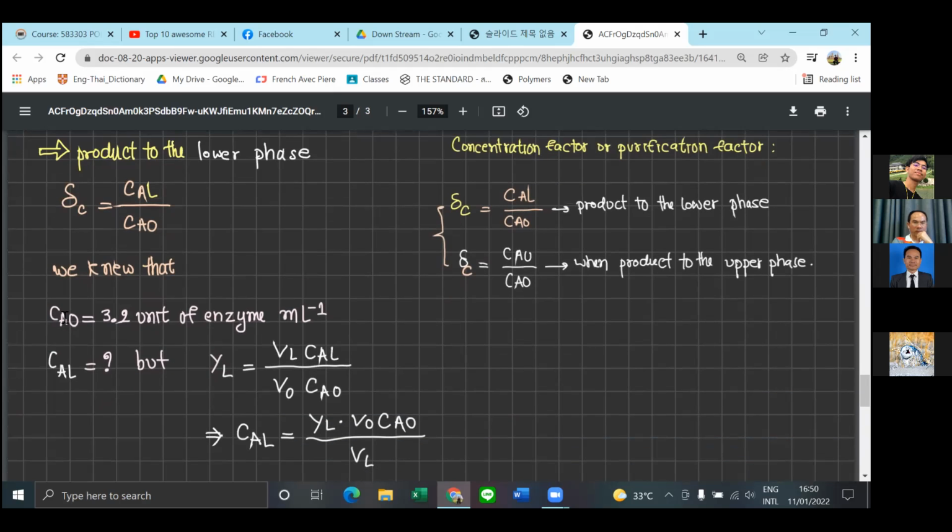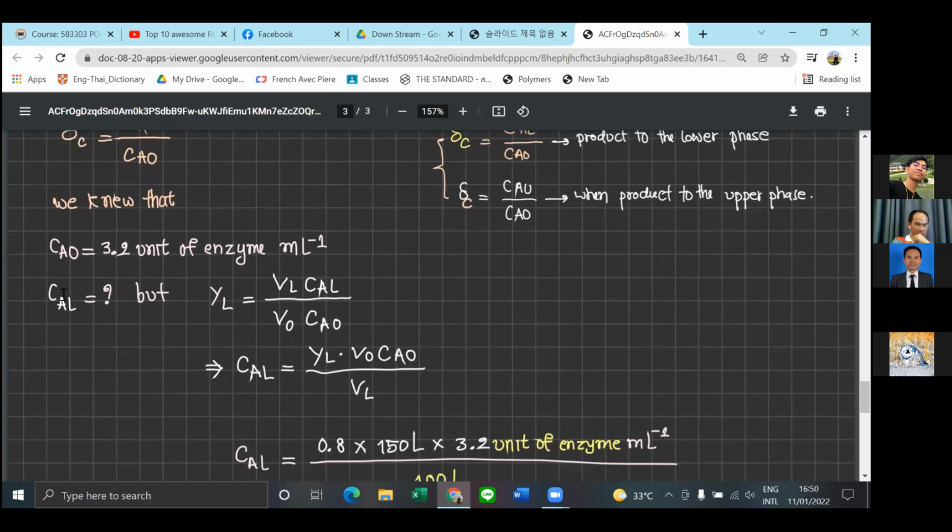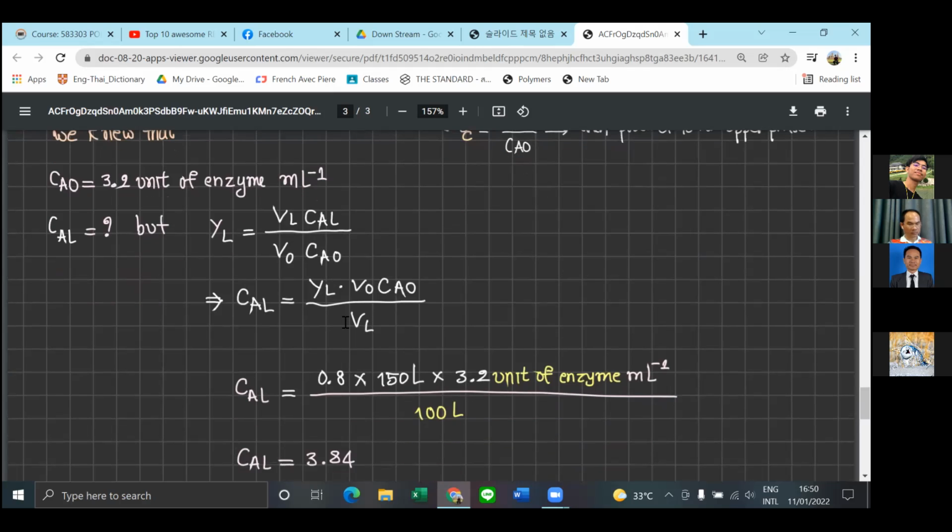We already know that at the initial condition C A0 equals 3.2 units of enzyme per milliliter, but we don't know the concentration of the lower phase. But we know the recovery of the lower phase equals the volume of the lower phase multiplied by the concentration of the lower phase, over the initial volume multiplied by the concentration of the original state.